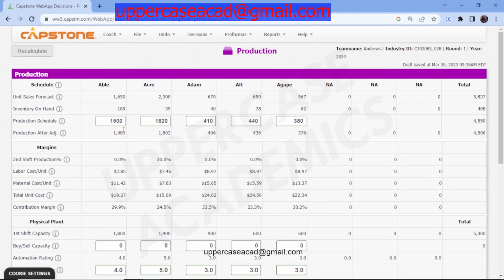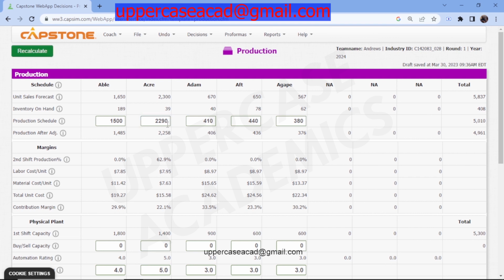Then for this one I'll produce 2280. No, so 2290.